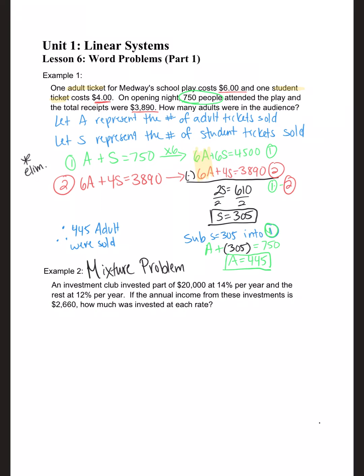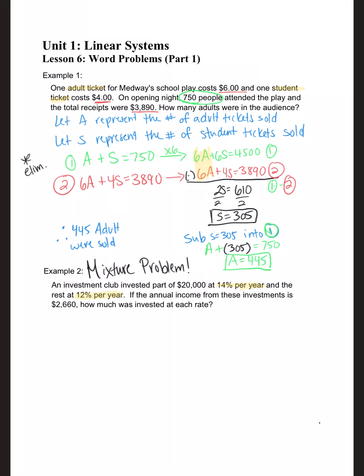So we're going to have a table of values we're going to set up here. Okay, let's first identify what are those variables again. So it says an investment club invested $20,000. That was at 14% per year, and it had another part of the mix at 12% per year.